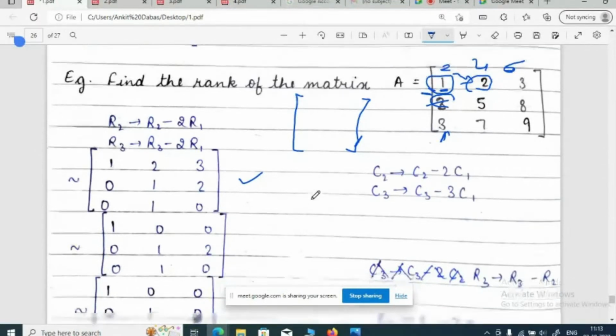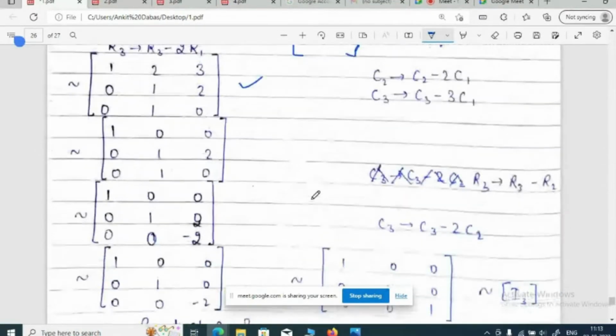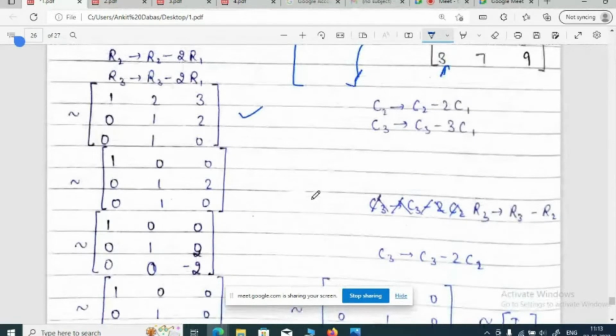Next we will do, here we have applied the column operations, like C2 changes to C2 minus 2 C1, C3 changes to C3 minus 3 C1. You can apply these or you can continue applying the row operations here. For example, when you got this, we can change R3 to R3 minus R2.